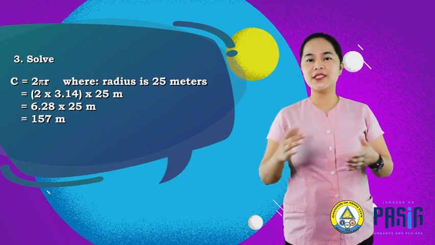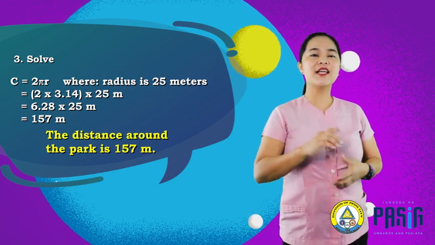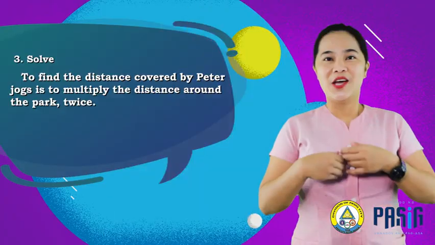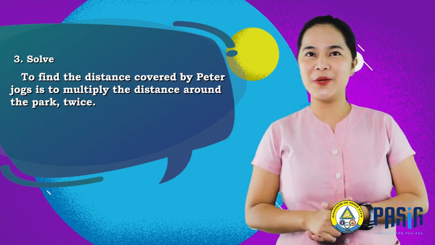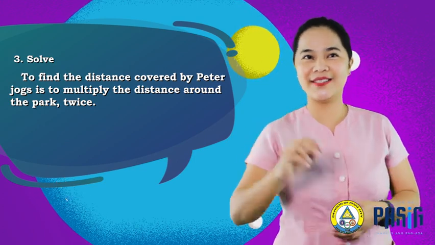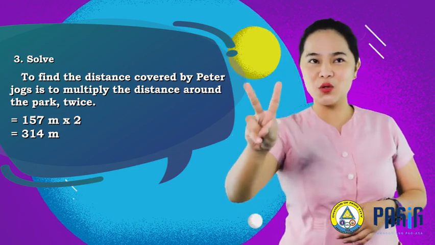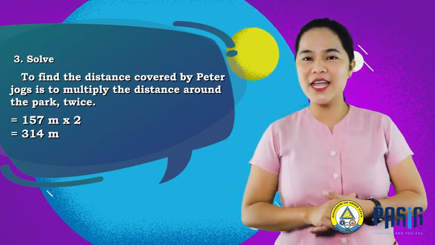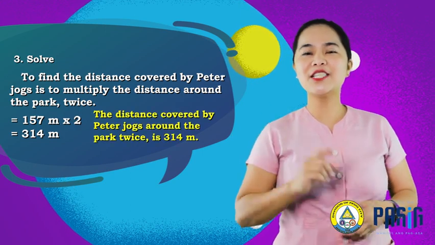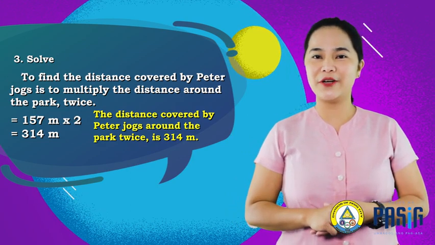The product is 157 meters. So the distance around the park is 157 meters. To find the distance covered by Peter jogging twice around the park, multiply the distance around the park by 2. So 157 meters times 2 is equal to 314 meters. The distance covered by Peter around the park twice is 314 meters.